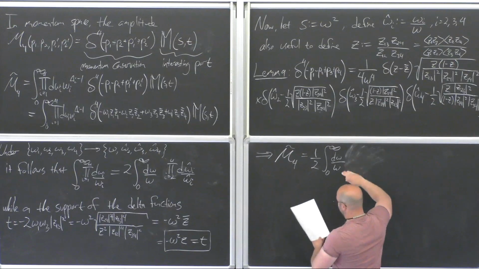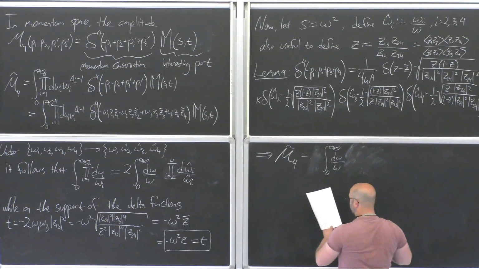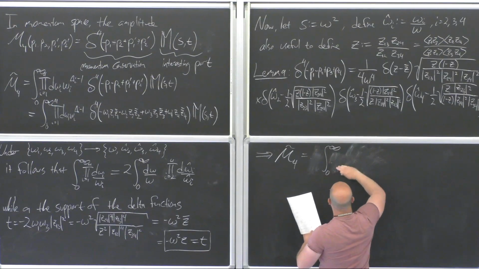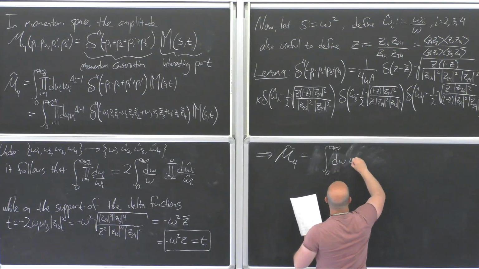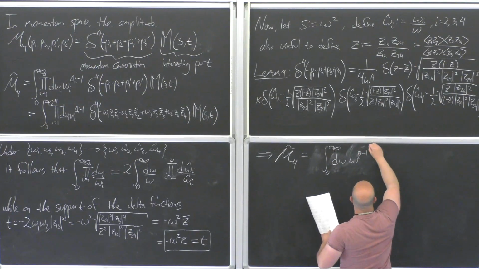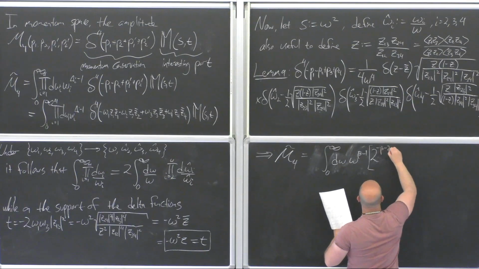And what one is left with is some gnarly looking thing. Let's write it this way. d omega, omega to the beta minus 1, times 2, something that actually comes right out of the integral. There's no omega dependence in it.